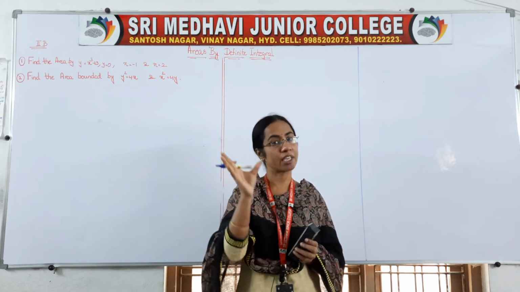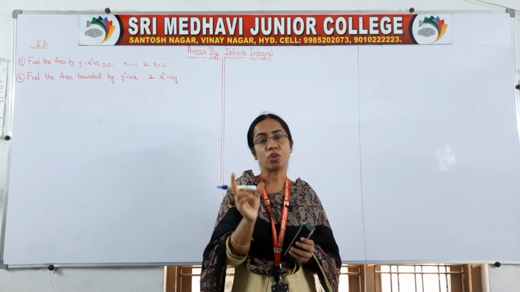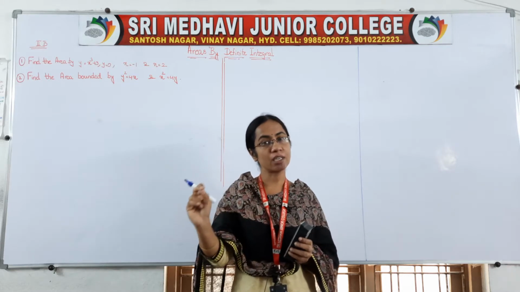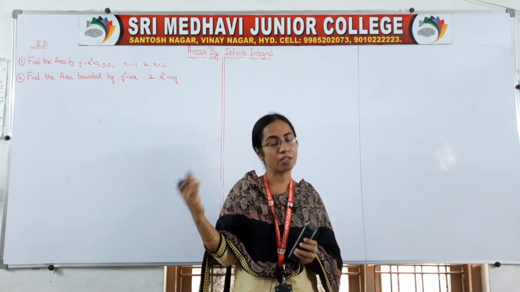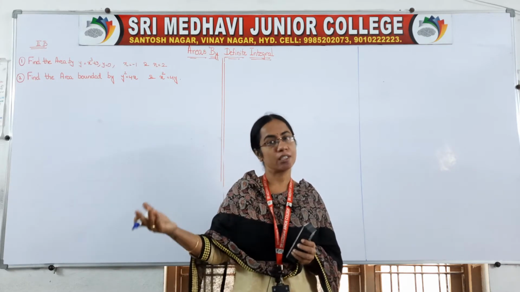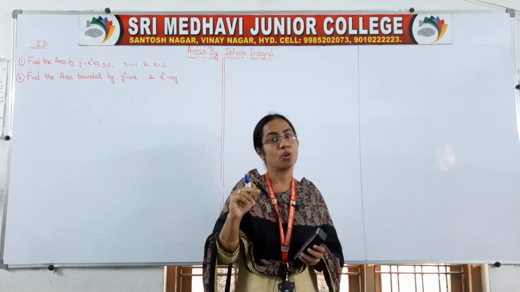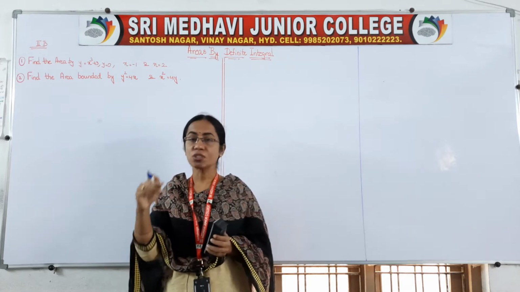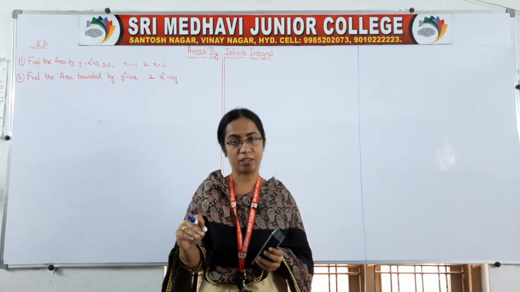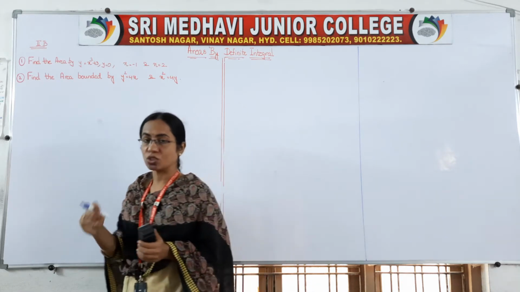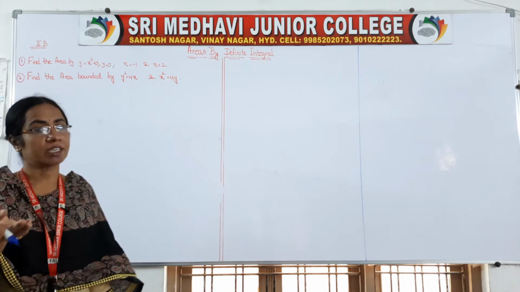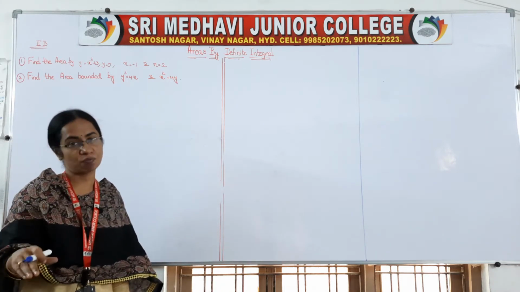That curve should be taken first while going for the integration, minus the second curve, or if a line is given, minus the line. Like that we have to take. So to know which curve comes upwards, we have to draw the diagram. The diagram is useful in locating which curve comes upwards.